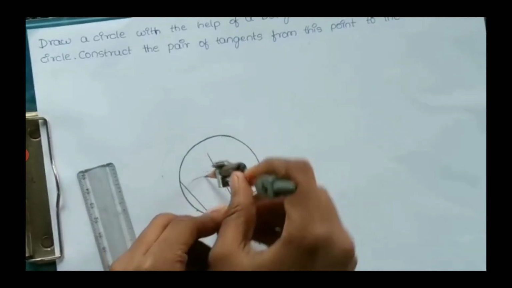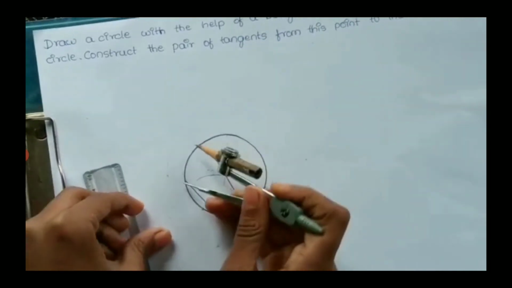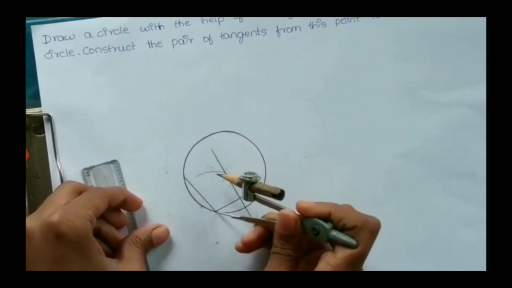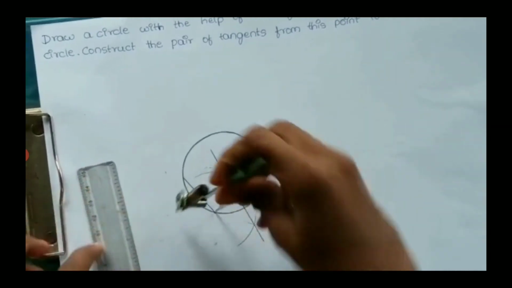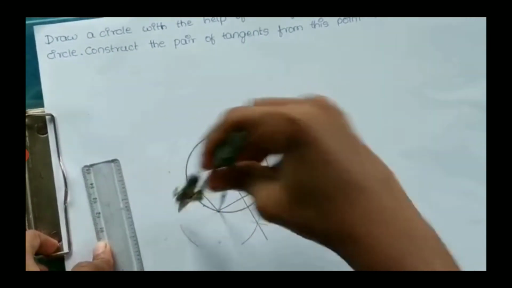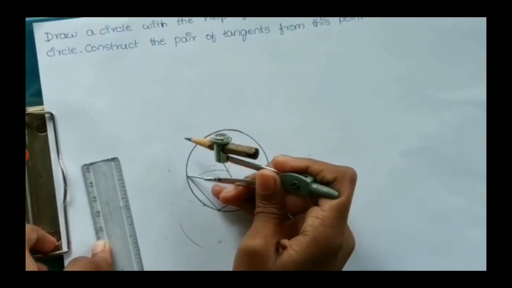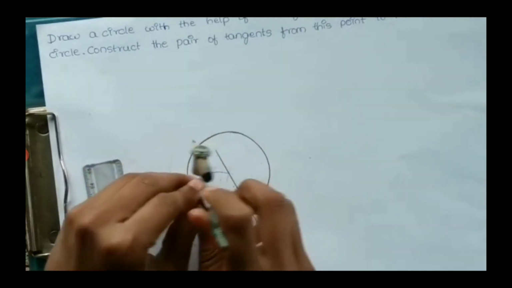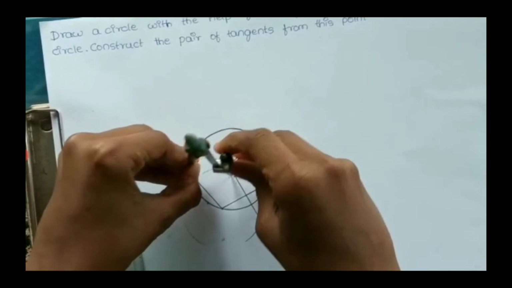Take more than half and draw the curve on both sides, from the same point. Next you take the other point of the line and cut the previous curve drawn.